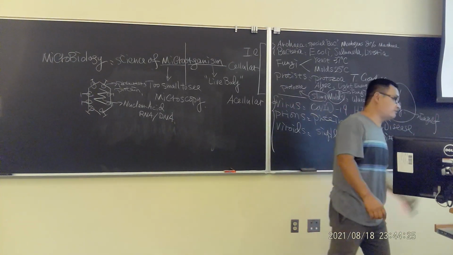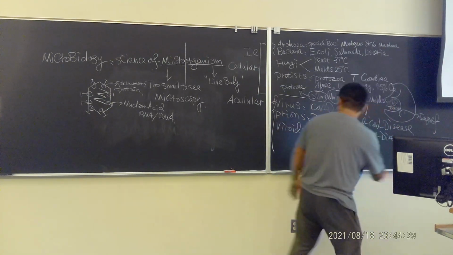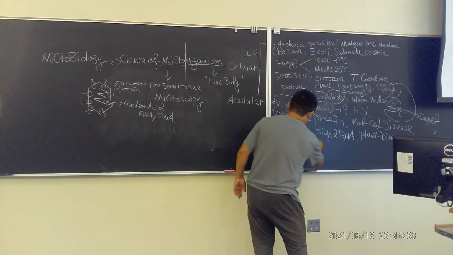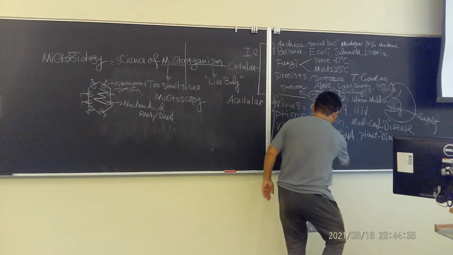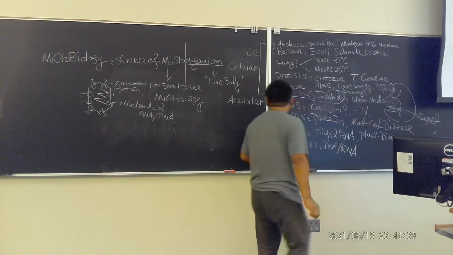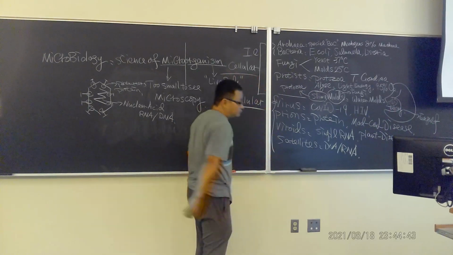This one, I never heard about that, and I don't think you heard about that. Just an example called satellites, could be DNA or RNA. Okay? Now, all these we call acellular, and the ones up above are cellular.